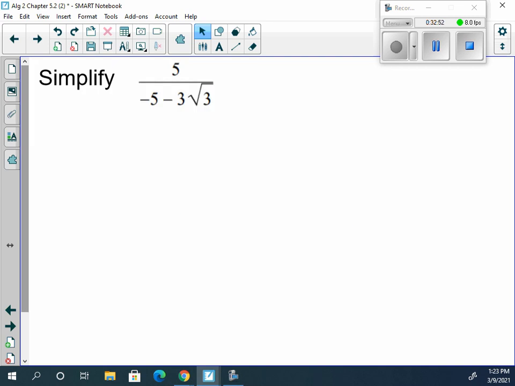Try this one. 5 divided by negative 5 minus 3 square root of 3. I'll try it on this here.